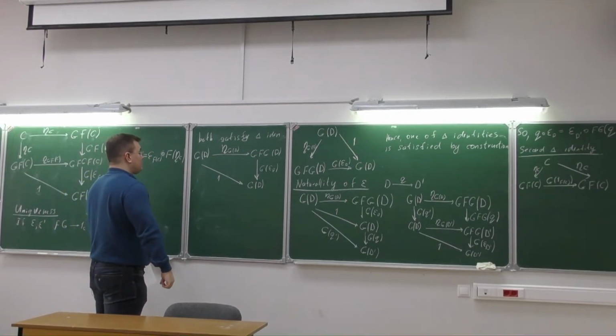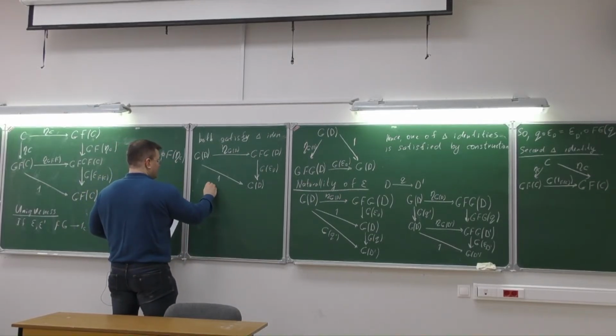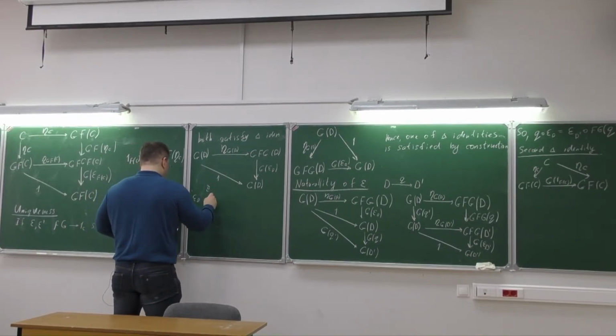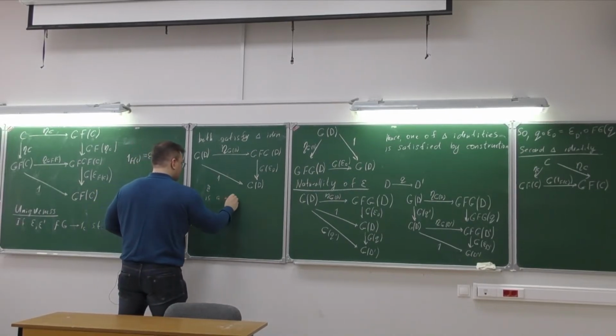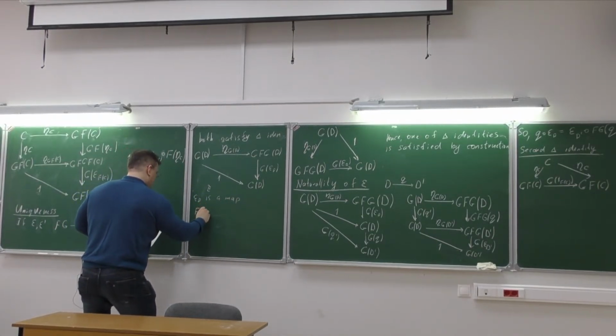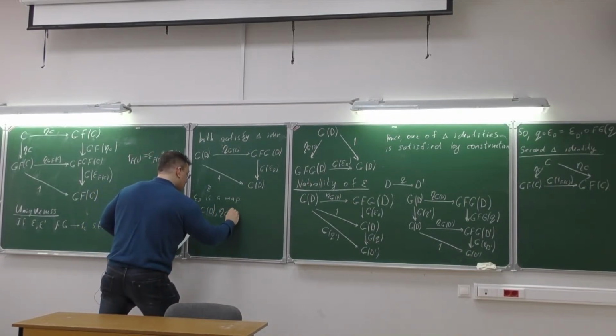So we have this commutative triangle, and the meaning of this triangle is exactly the same thing as saying that epsilon sub d is a map between F G of d and eta sub G of d.